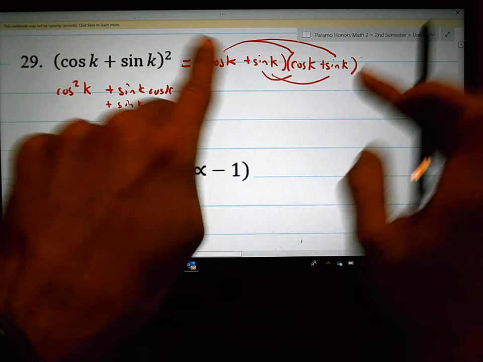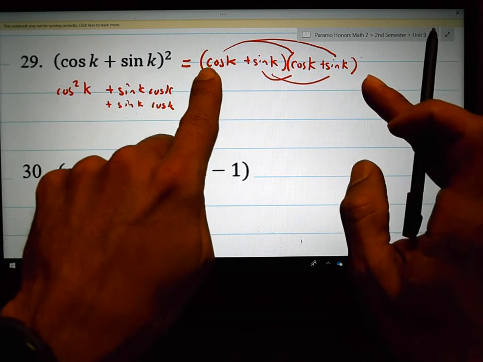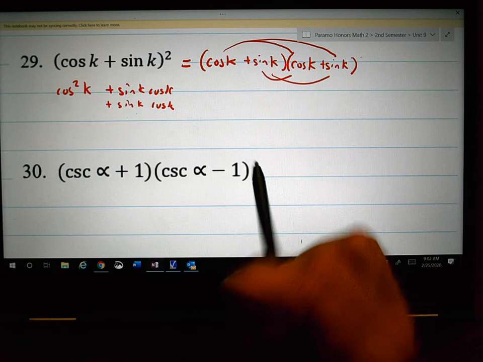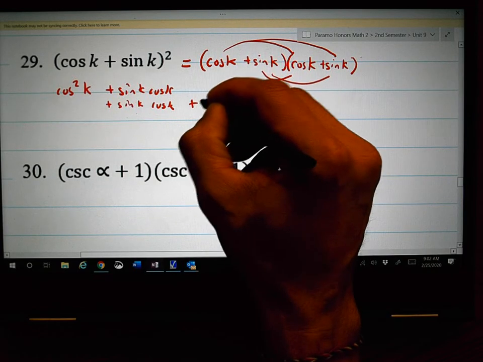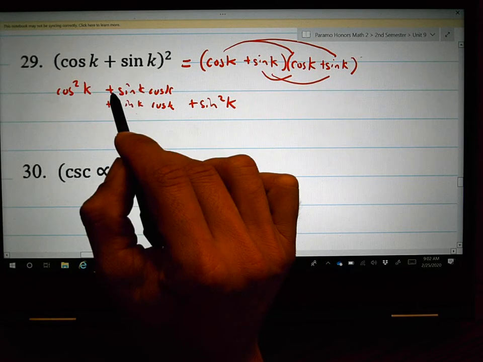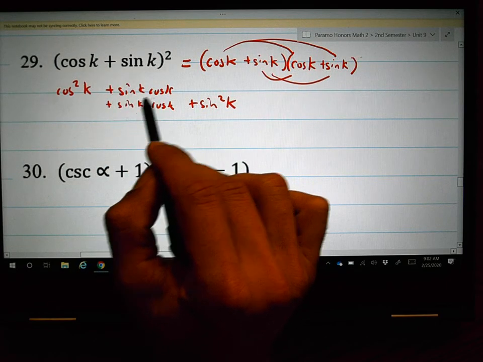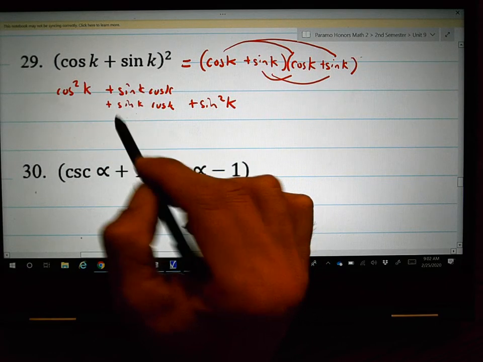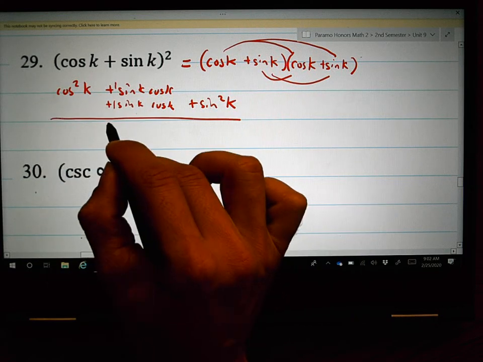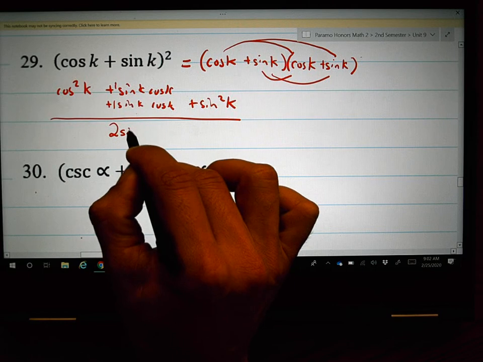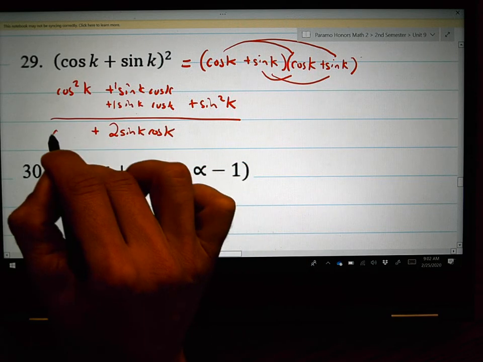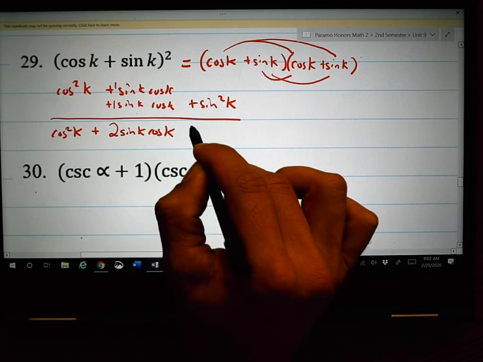So even though this was cosine k times sine k, I can write sine k cosine k plus sine squared k. This one sine k cosine k plus another sine k cosine k adds together. How many do we have? Those are like terms. That is 2 sine k cosine k plus cosine squared k plus sine squared k.